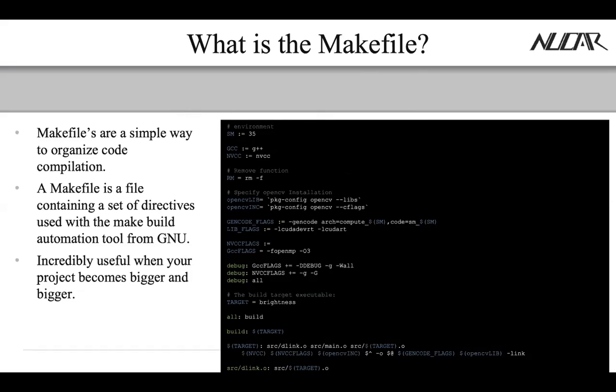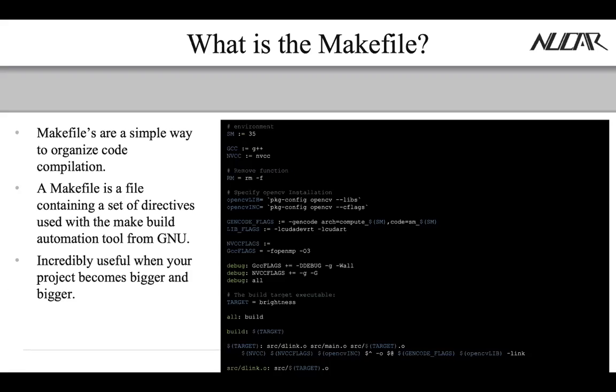Say you have a lot of different files that you compile and combine to form a binary, and you have a lot of different libraries and linking parts that you include. And say you need to share your code with someone. You can either send them all the commands, do this compilation, that compilation, but that quickly becomes unmanageable as the project size grows. A better way is to write a makefile that specifies how the compilation should work.